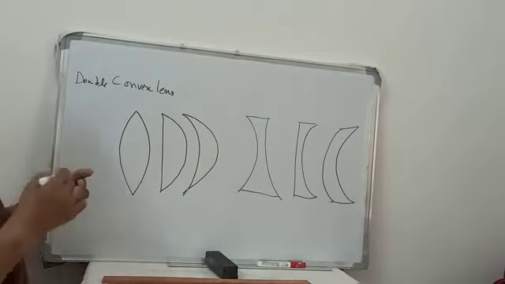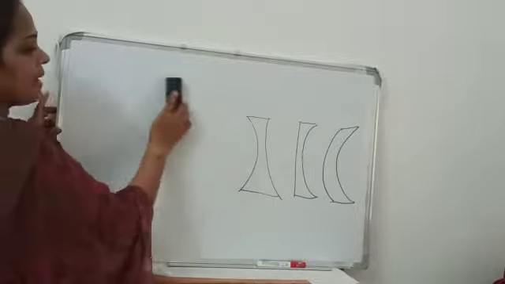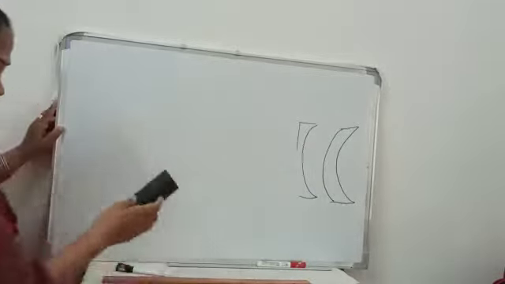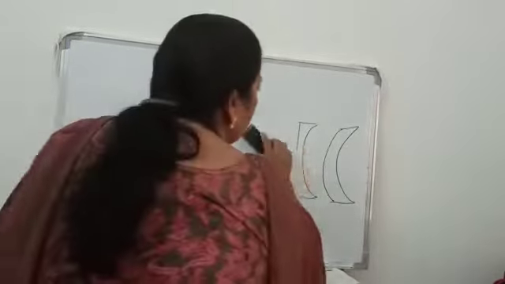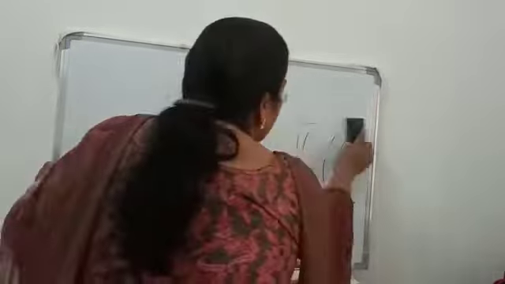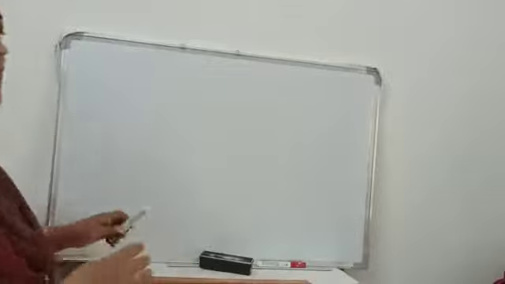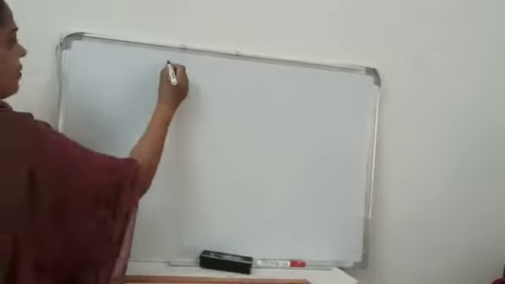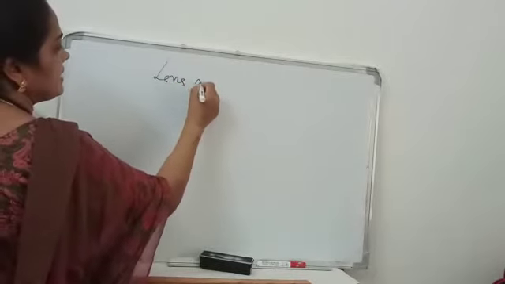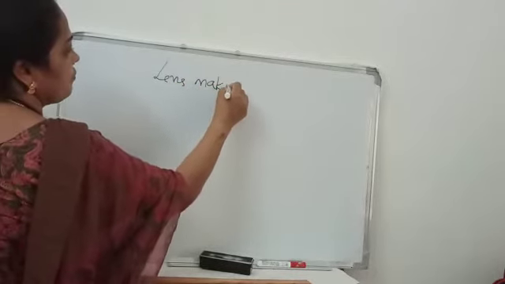Now we are going to see the lens maker's formula. The lens maker's formula is a relation connecting focal length, refractive index and radius of curvature of the two faces of the lens. So now let's start with the lens maker's formula.